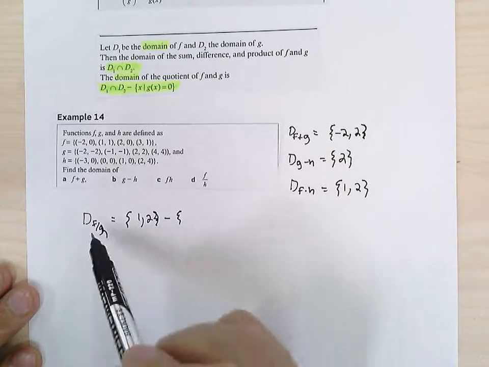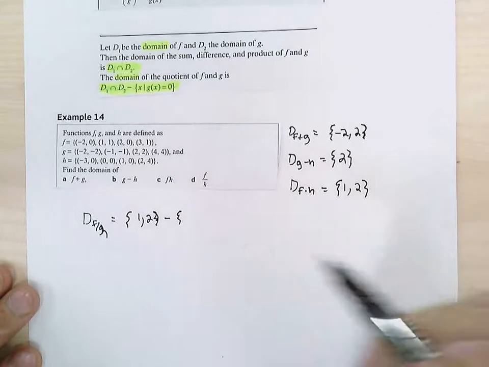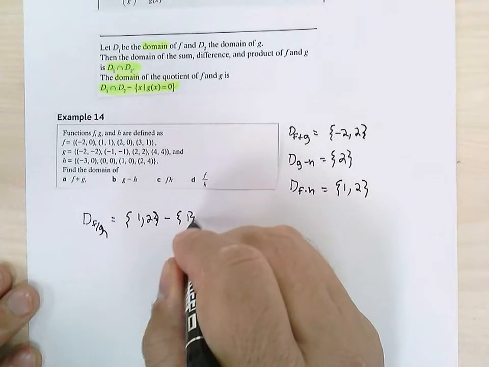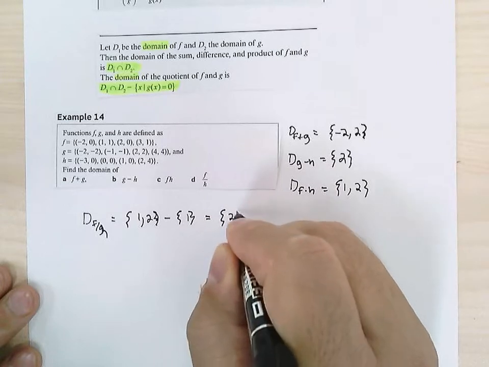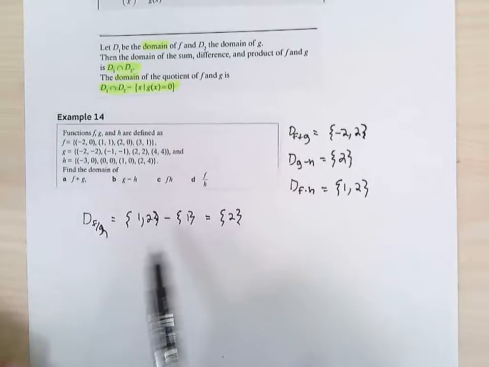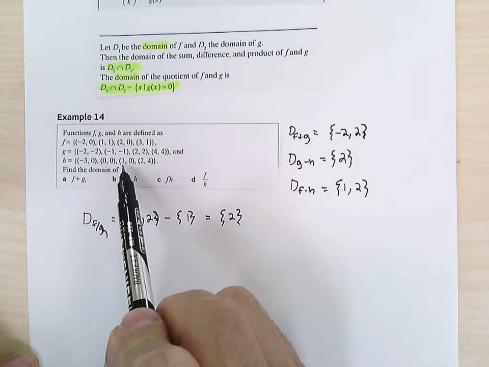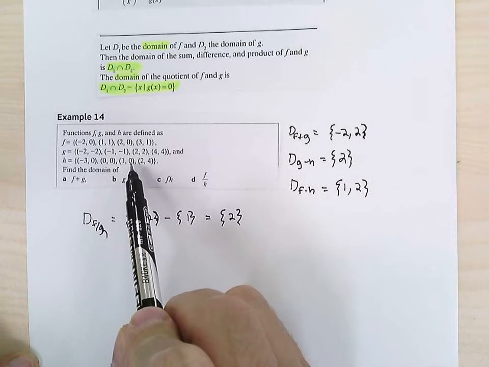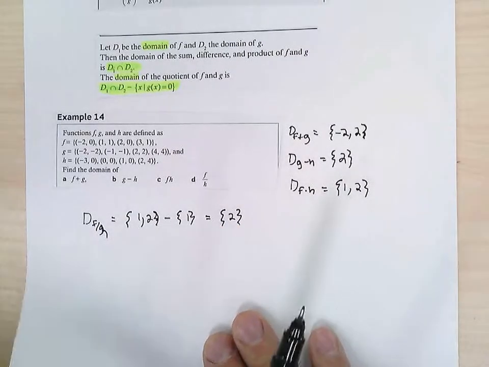And sure enough, h of 1 goes to 0, so I have to take away the 1. So the domain is just equal to 2, because when I put in the input 1, it comes out to be 0, and that can't happen. So there you go.